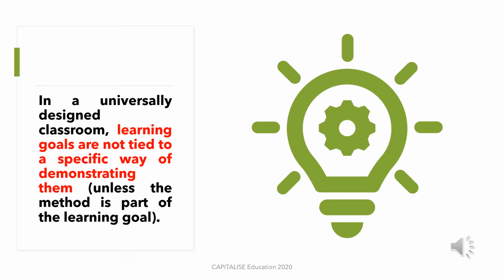If we look at the approved curriculum, unless the approved curriculum explicitly states a way of demonstrating the learning goal, the learning goal does not have to be demonstrated in one way. It could be demonstrated in multiple ways.